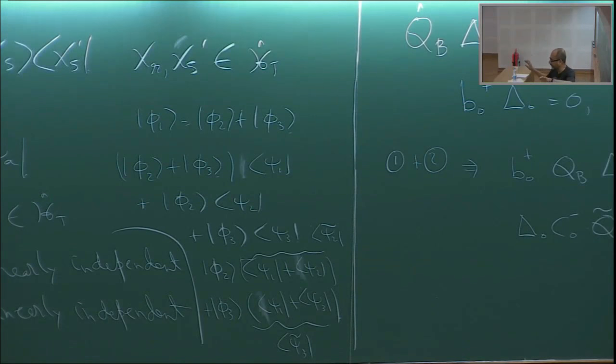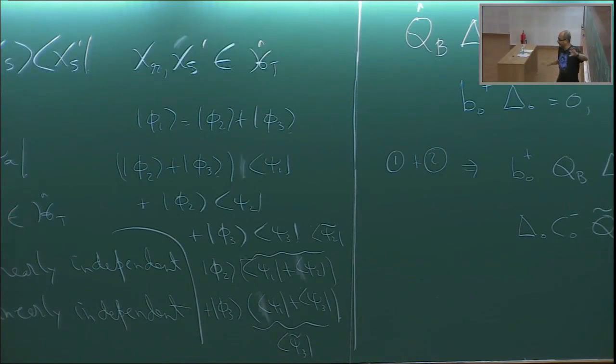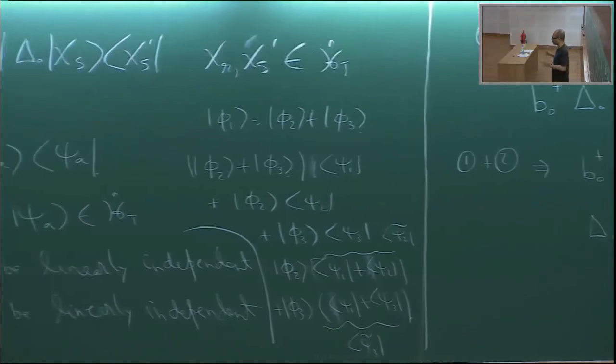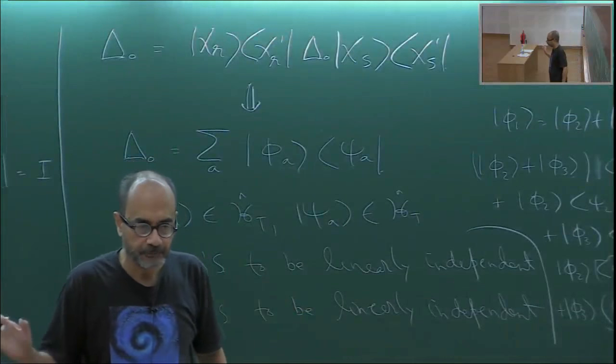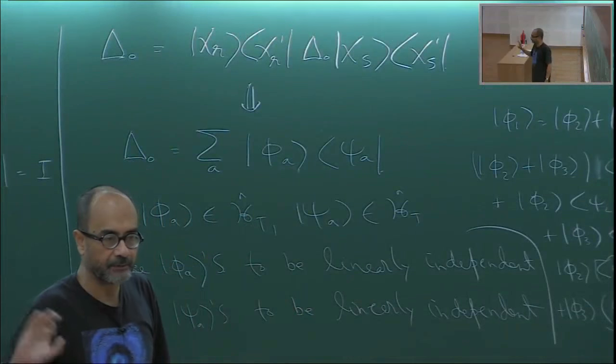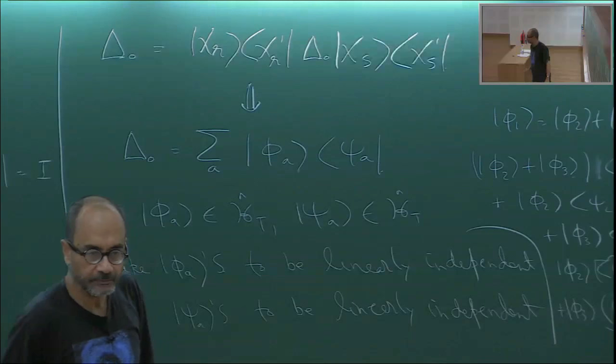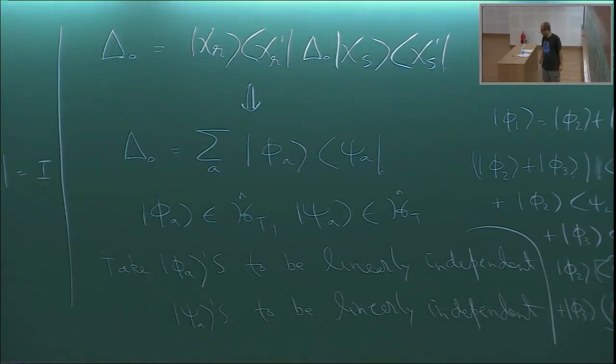Because once you have a cut propagator, one side has state phi a inserted into the left amplitude, and the other side has psi a inserted into the right amplitude. So you now have to study the properties of phi and psi. That's the goal. If you can show that phi's and psi's are only physical states, then you are done, because that means that in the propagator only the physical states propagate. Are there questions?